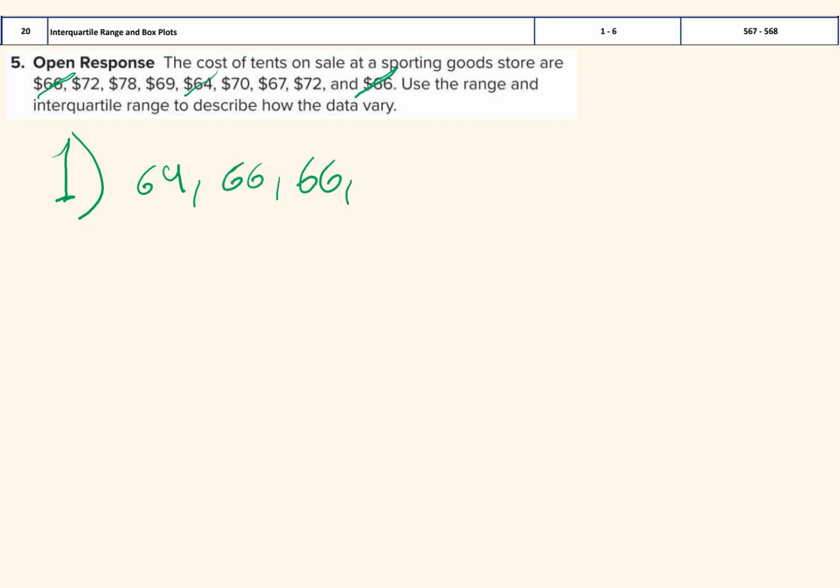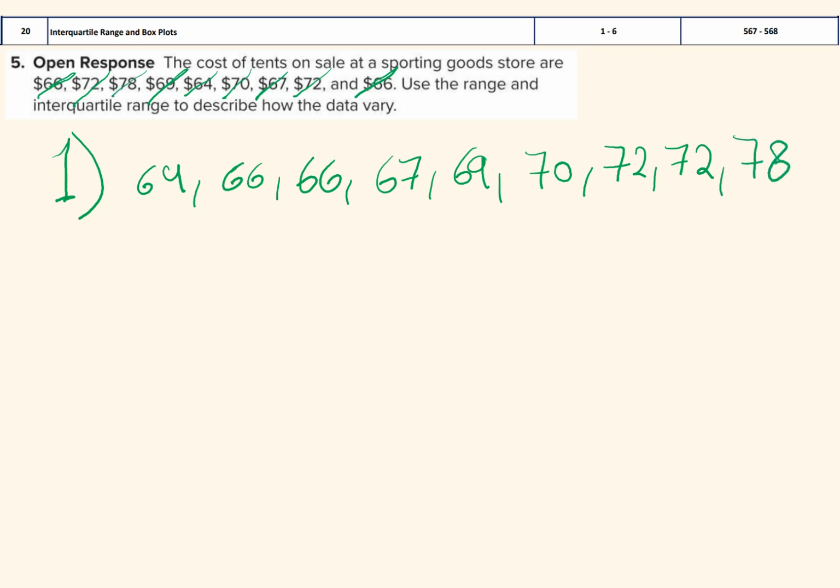And then we have 67, then 69, then 70, and 72, two values, and finally 78. So 1, 2, 3, 4, 5, 6, 7, 8, 9 values.